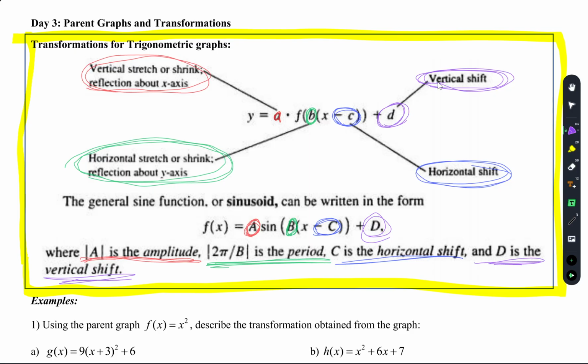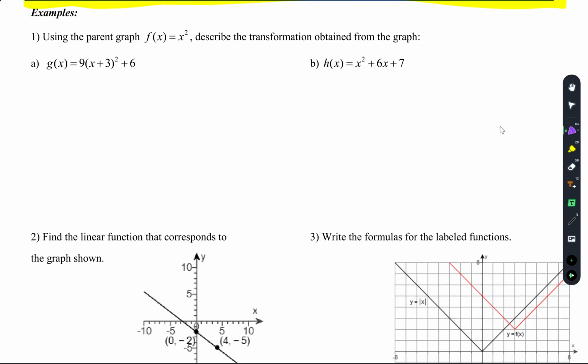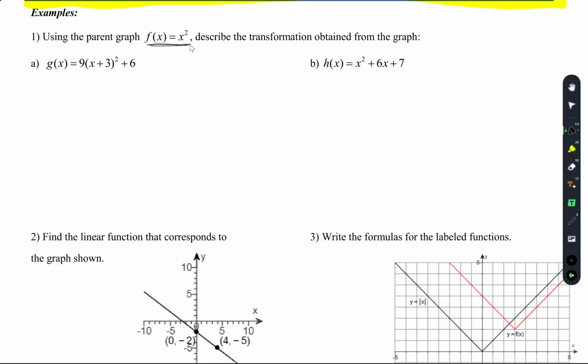as far as describing the transformation, using the parent graph, like the classic parabola, describe the transformation obtained from the graph. If it helps, it's already in standard form, but this is essentially your x squared, and then you got all these numbers going on with it.